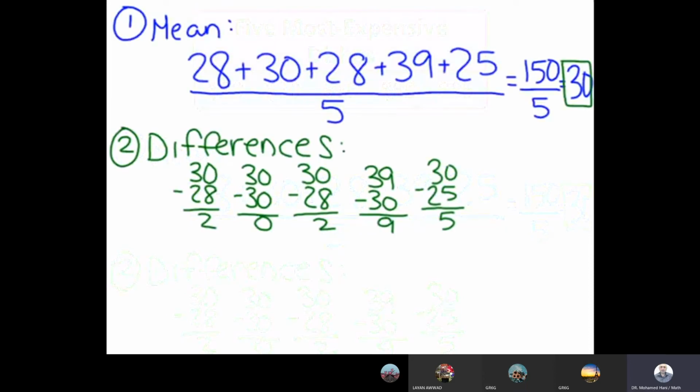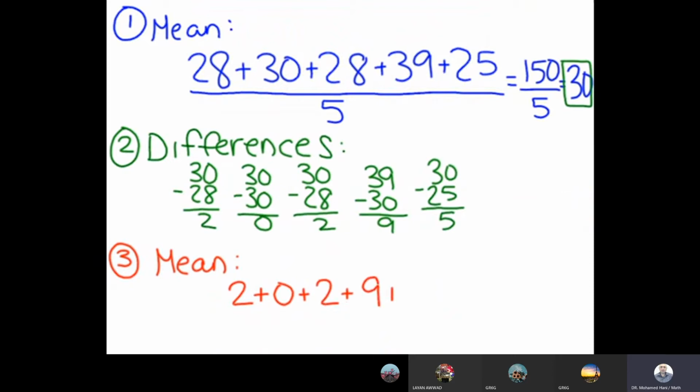Okay, and then for the third part, we're going to go ahead and find the mean of all the numbers in part 2. So we'll find another mean. So this time we'll use 5 numbers from part 2, 2 plus 0 plus 2 plus 9 plus 5, all divided by 5.